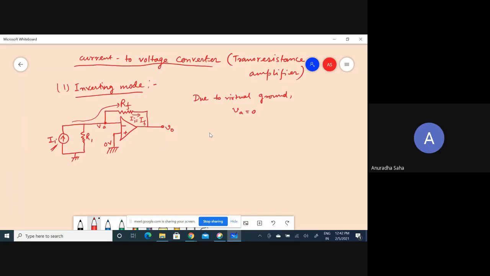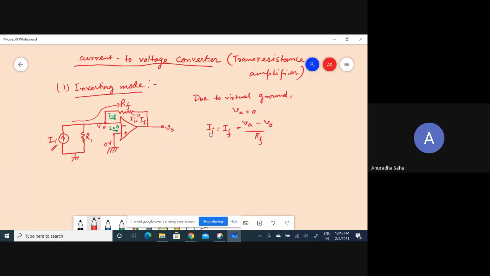Here basically we have voltage VA equal to 0, and obviously we know that no amount of current can pass across this particular terminal. Here basically we have I equal to 0. So obviously the whole amount of current must be flowing across the feedback resistance RF. So I can write that this II is nothing but IF. So what is it? It is nothing but VA minus VO by RF.